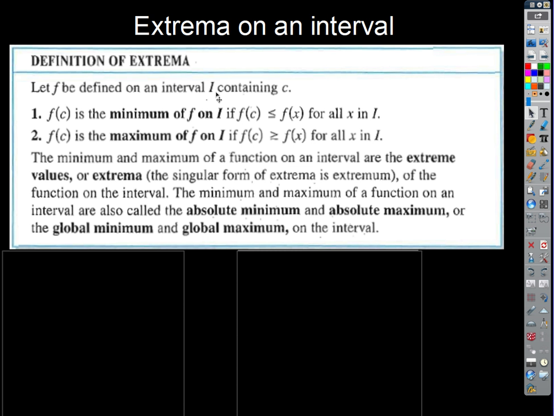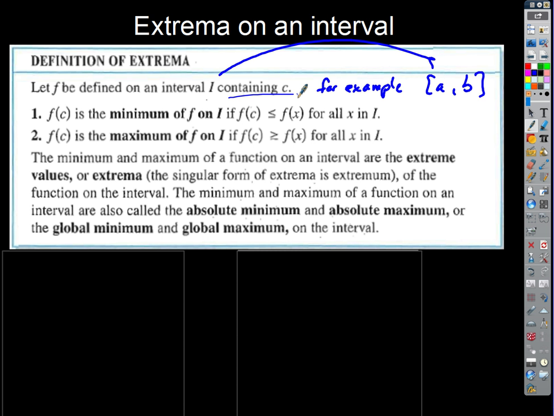Typically, an interval I might be something like this, where we talk about the endpoints, where A is the left endpoint and B is the right endpoint. And that would be our interval I. All we specify here is that it has to contain some point C on this interval.